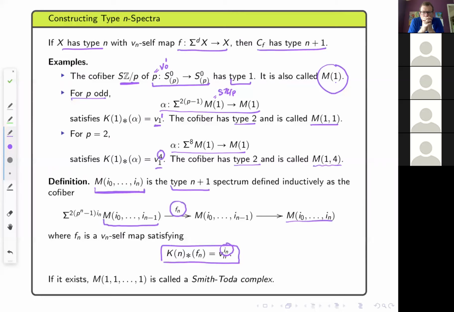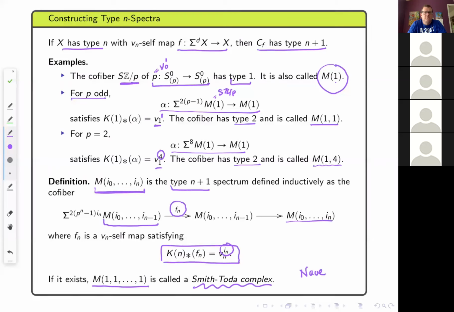Now, if it exists, M11111, if you can always pick one, that's called a Smith-Toda complex. And on my web page, there's a paper of Nave, which talks about non-existence of certain Smith-Toda complexes, and in there, I believe he covers some of the background of when these things exist and when they don't.